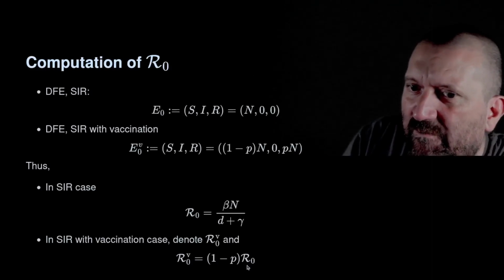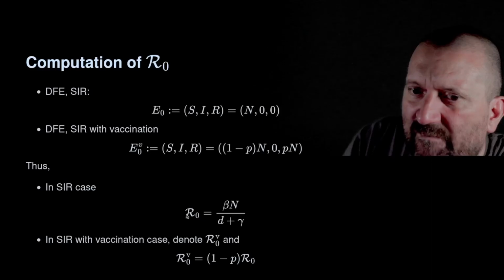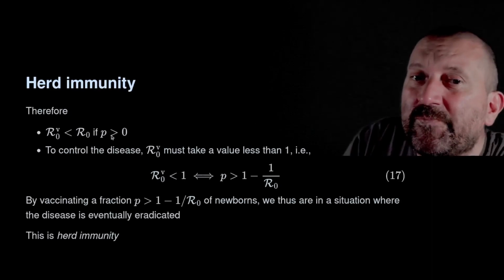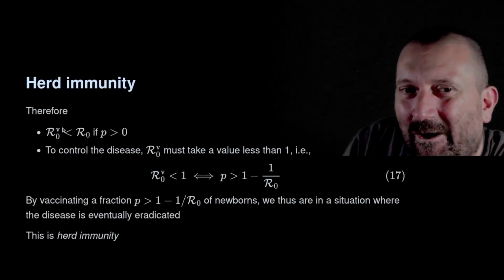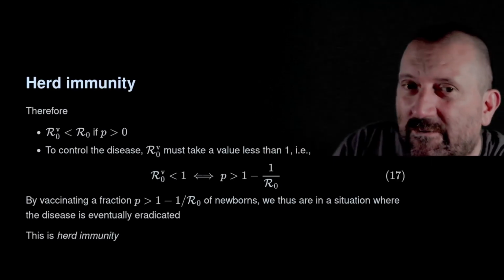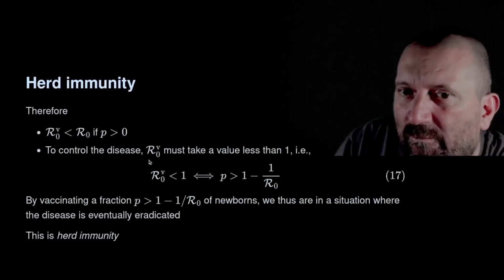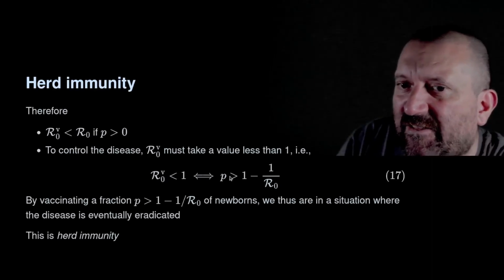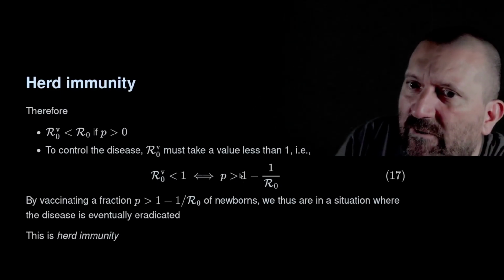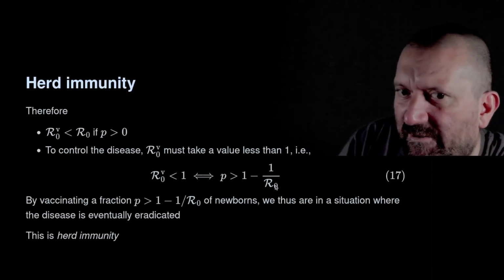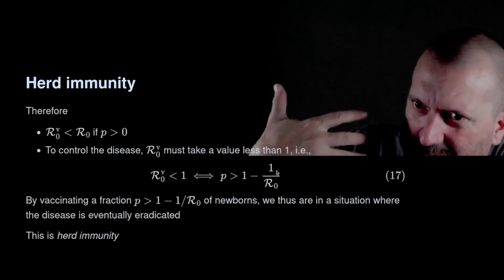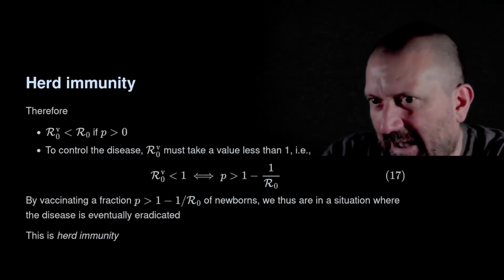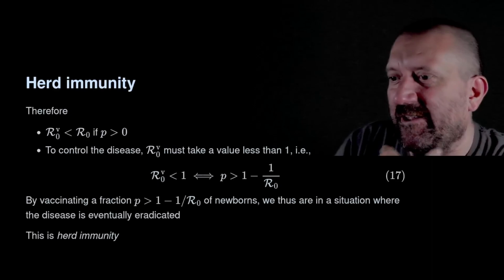This is the R0 for the model without vaccination, and this is the one with vaccination. First of all, I should make a remark: vaccination is always good, since when p is positive it always gives you a smaller value of R0. But to control the disease, I want R0V to be less than 1, which is equivalent to saying that I need to vaccinate a proportion greater than 1 minus 1 over R0. If I vaccinate that many newborns, I have a situation that leads to extinction.